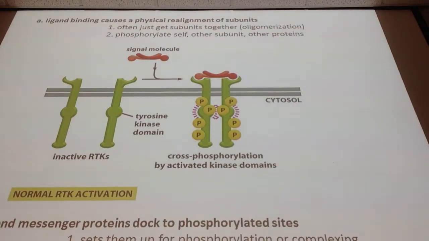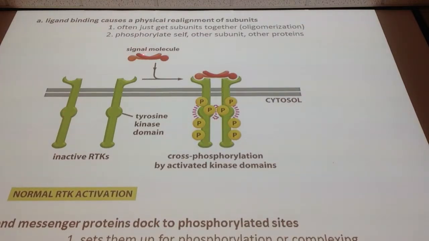Number two is that the two are the same molecule. Eventually, they'll form what is called a homodimer versus a heterodimer, right? So they will form a homodimer. So those are the two things about an inactive RTK, or receptor tyrosine kinase: they are not interacting with each other, and however, they are the same molecule.